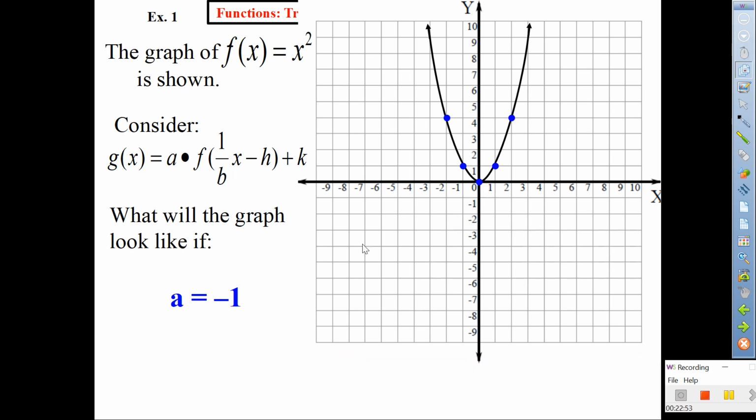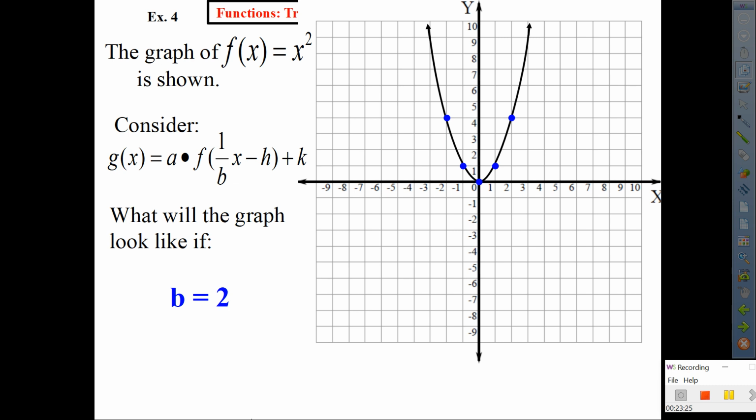Tell me what's going to happen with that. Going to stretch, yes? Okay. This one. Compress vertically. Okay. This one.